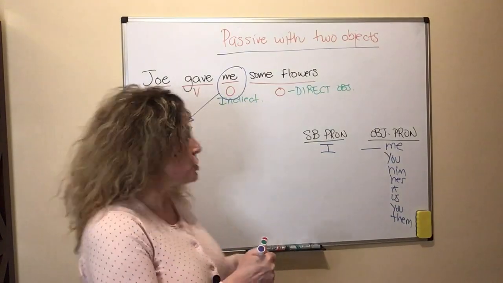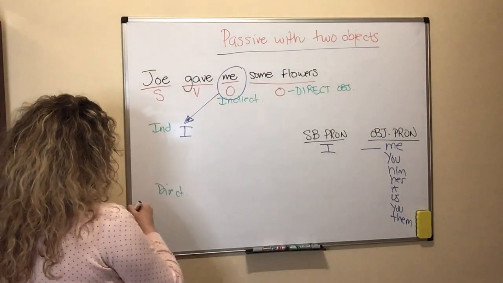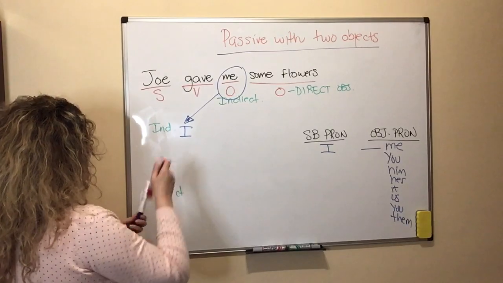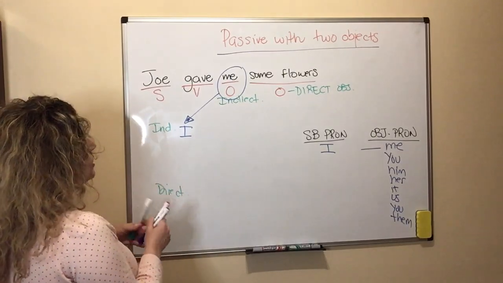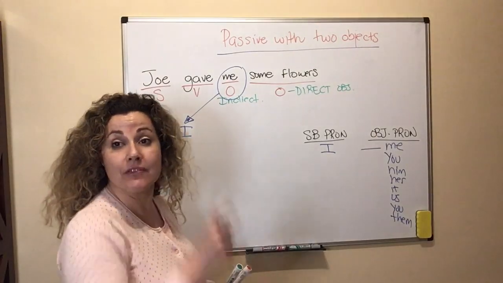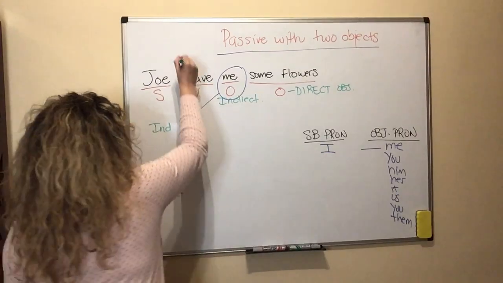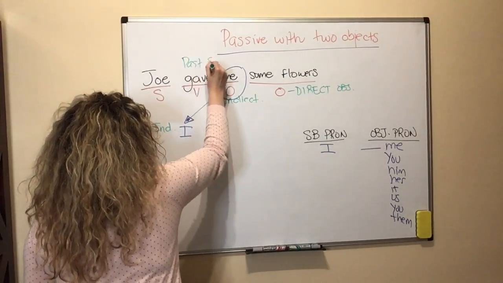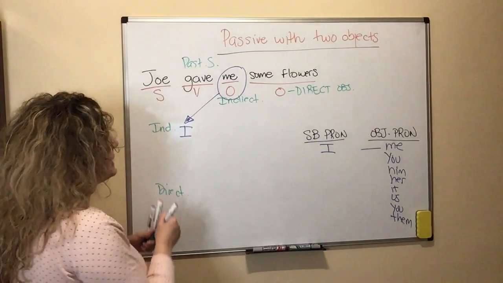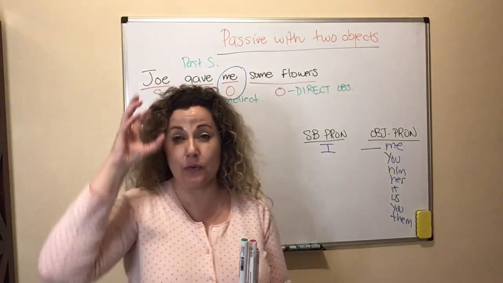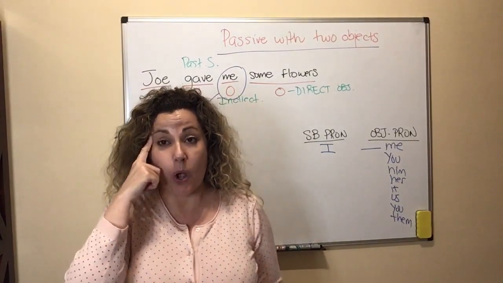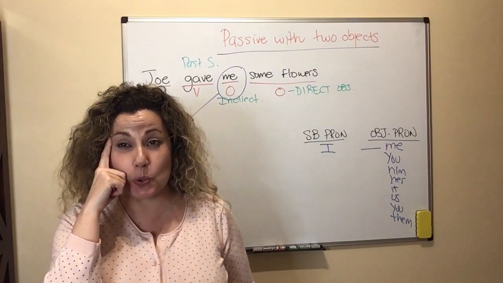And now what tense is gave? So we know that gave is the second column of the irregular verbs. So we know this is past simple. Remember, when we have to transform from active to passive, we think, what is the past simple of the verb to be?